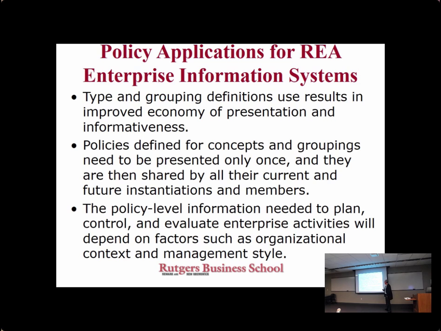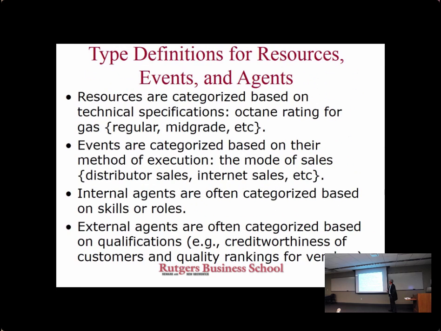So what kind of categories do we use for resources, events, and agents? Resources are typically categorized based on their technical specifications. For example, we can have different categories of fuel. We can have storage where we keep different fuels, and for each particular storage it can be different categories, for example by the octane rating, 87, 93, whatever.